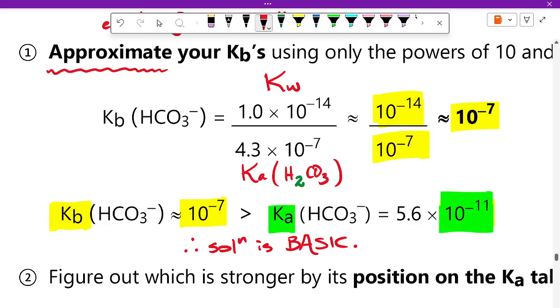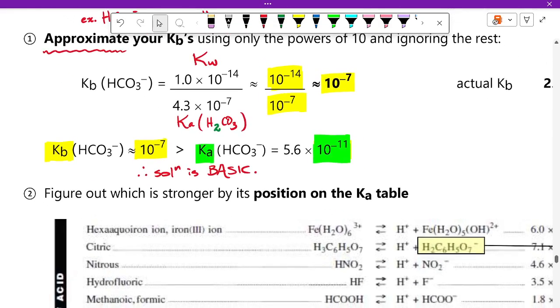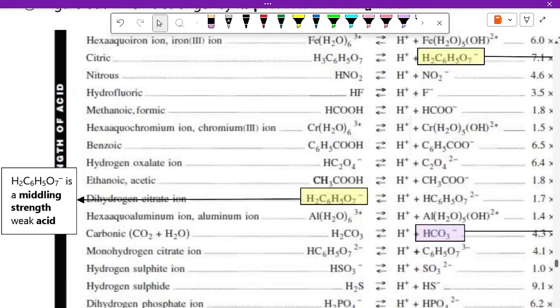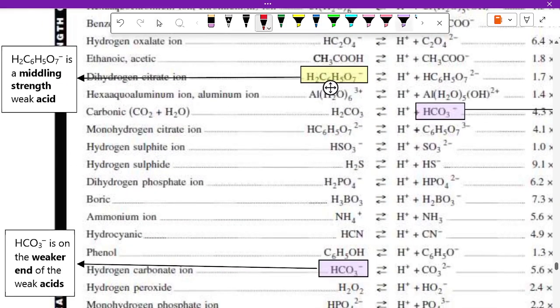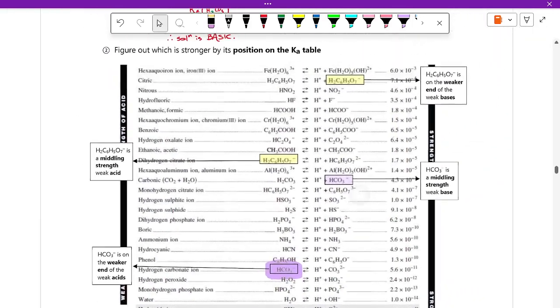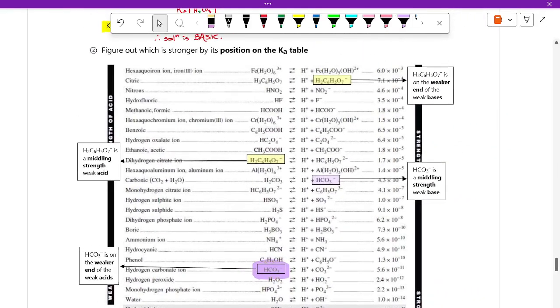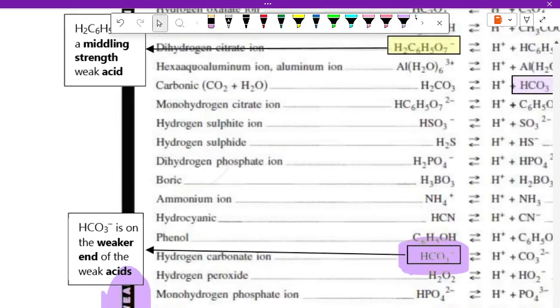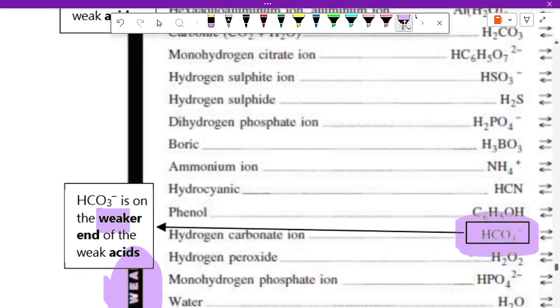Another way of doing it involves no calculations even in your head. You're going to just figure out which is stronger by looking at its position on the periodic table. So if we're looking at HCO3, for example, up here it's in purple, okay? And on the acid side, you'll notice that HCO3 is way down near the bottom of the acids. So HCO3 is on the weaker end of the acids.